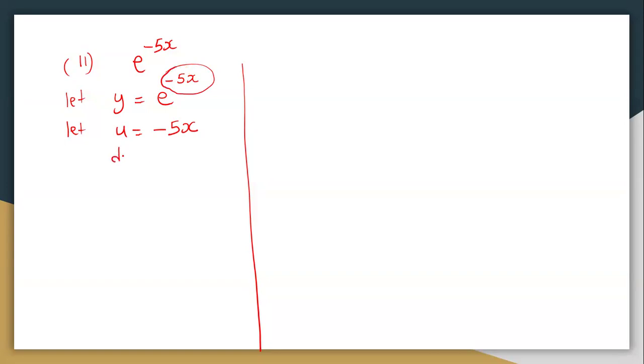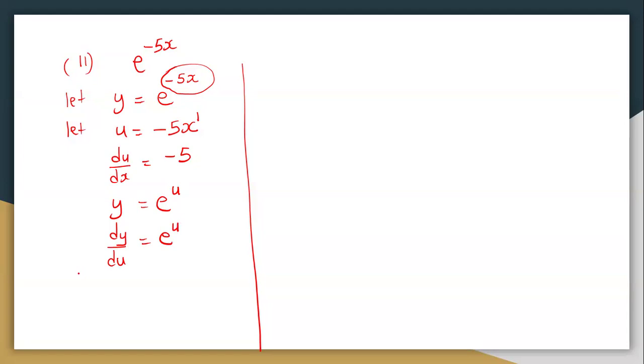So now here we shall know that our du/dx is given as -5. Because like we have noticed, when I differentiate here, there is a power 1. I drop the power, I subtract 1, and any number to power 0 is the same thing. Then I'll have my y equal to e^u. And when I differentiate this with respect to u, I will get dy/du is equal to e^u.